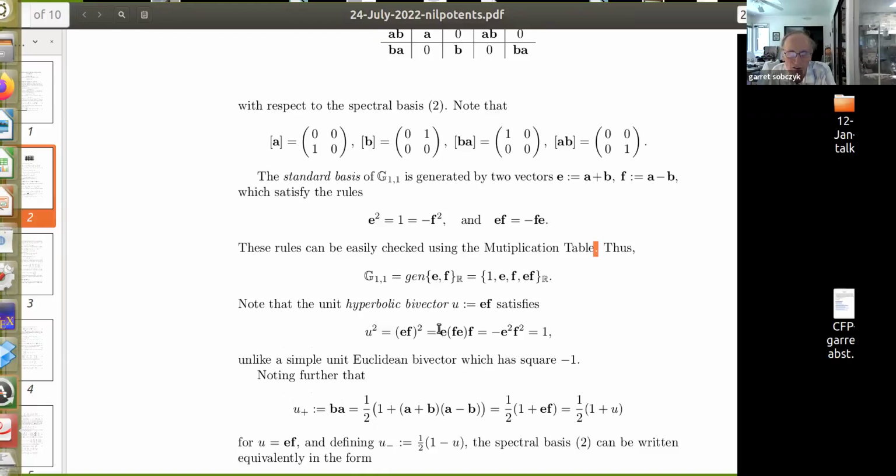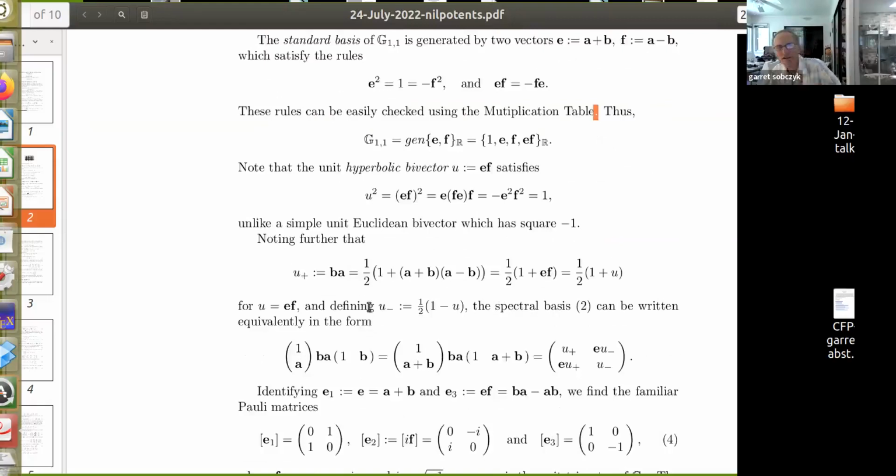By associativity, I can write this as E times FE, but I can anticommute because EF is equal to -FE, and we get a unit bivector which has square plus 1. Well, that's called a hyperbolic bivector because it has square plus 1. A Euclidean bivector has square -1. Okay, in a Euclidean.